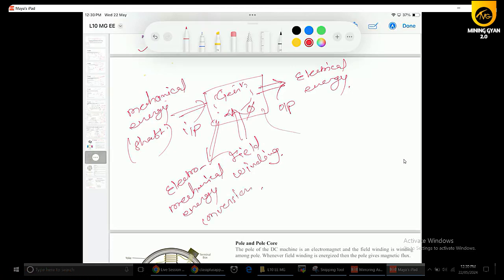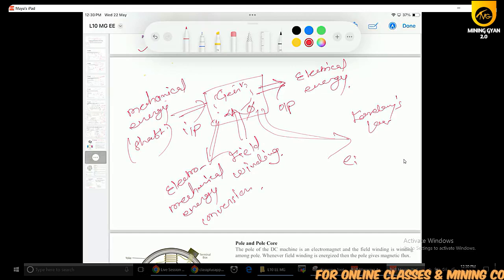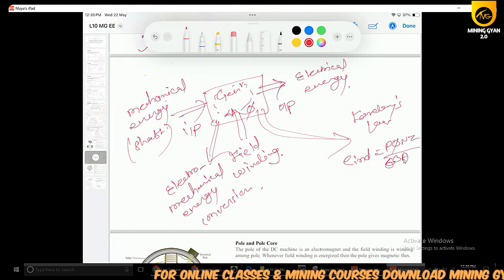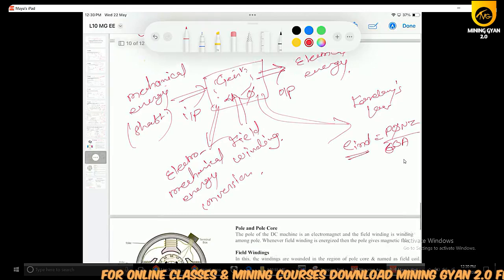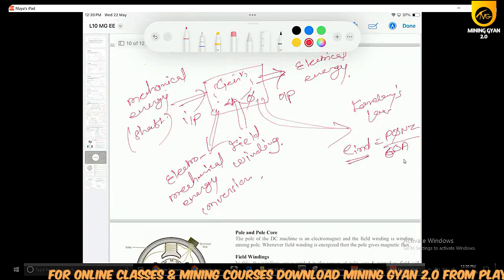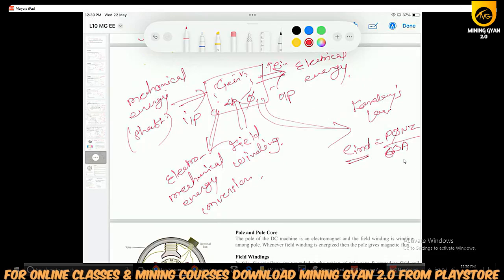And inside the machine, obviously Faraday's law of electromagnetic induction will apply, such that you will get induced EMF as P phi NZ upon 60A. We will see this formula later. In case of the generator, induced EMF will be there, such that you will get V2 and I2 at the output side.